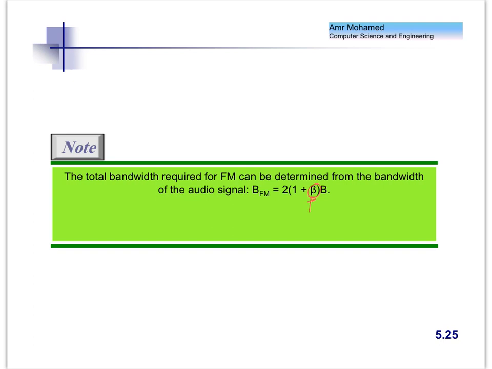We don't have to memorize this, but typically and practically this factor is between 4 and 10. Again, this beta depends on the variation in the frequency that you use in the output signal in relation to the amplitude of the input signal. So this can be very high or a little bit low. Typically we use beta in the range of 4 to 10.